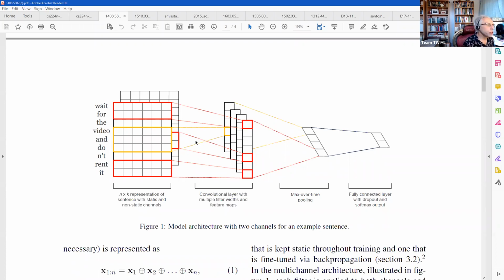Right, and the convolution that you're using has to have a length equal to k. So it's a one-dimensional convolution in the sense that we're sliding it in one dimension, but in this case the filter is of length 2, and it's represented by a 2 by k matrix, where k is the length of the embedding vector, right?